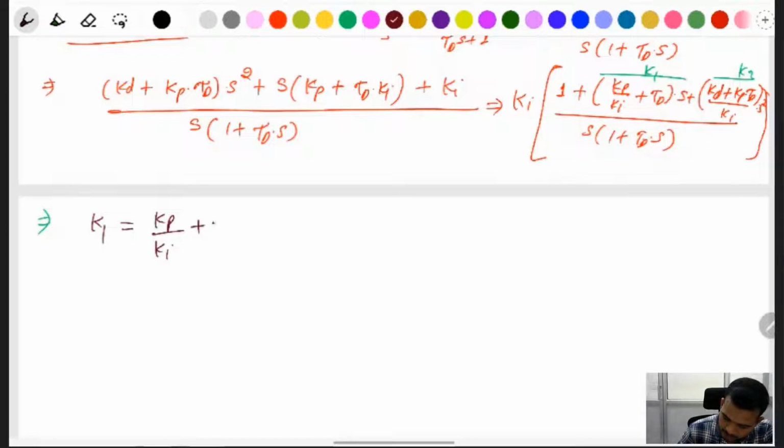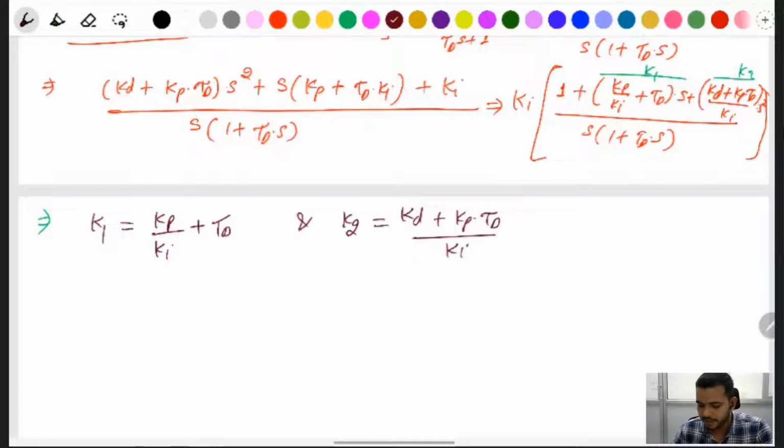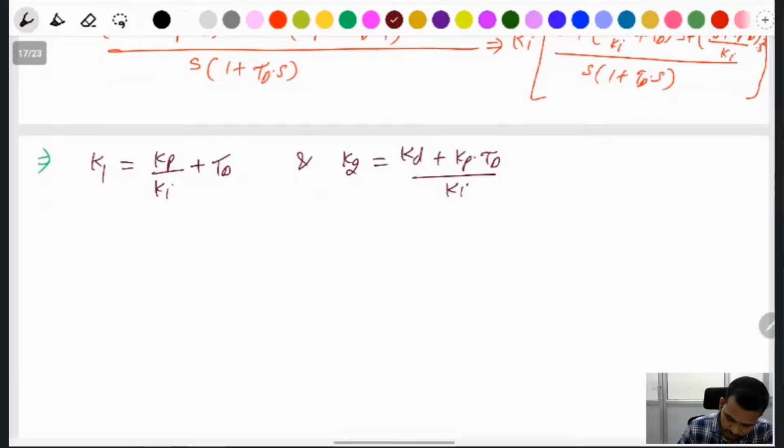We can write K1 is equal to Kp divided by Ki plus tau d, and K2 is given (Kd plus Kp into tau d) divided by Ki.